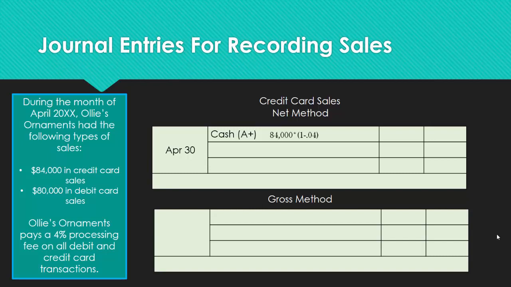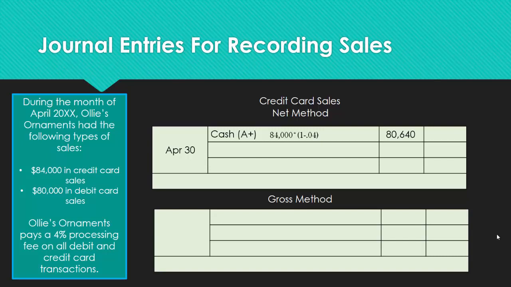It's $84,000 in credit card sales, but we know that we have to pay 4% of that in processing fees to the card companies, which means we're only going to get 96%. If we use this formula, we figure out that 96% of $84,000, Ollie's Ornaments is getting $80,640.